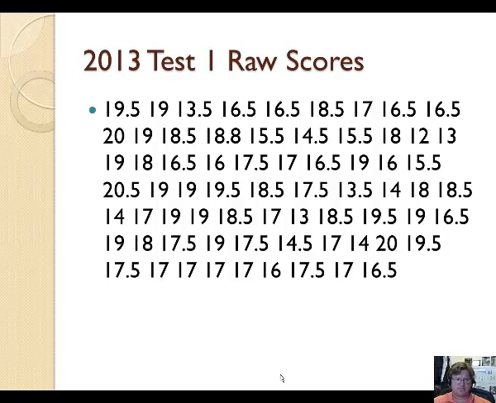But here's the distribution of scores, and it's in a weird format like that because I copied and pasted out of an Excel spreadsheet, and that's how it put it into a PowerPoint slide. But you can see that person 1 got 19.5 and person 2 got 19, student 3 got 13.5, all the way through for the raw scores.